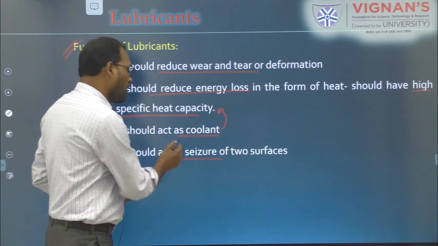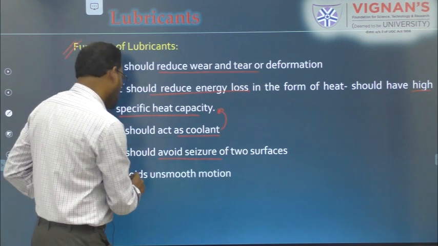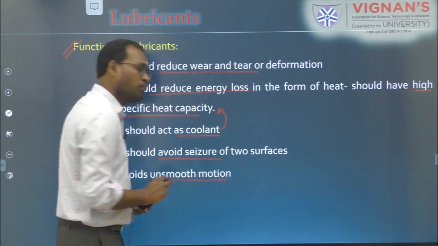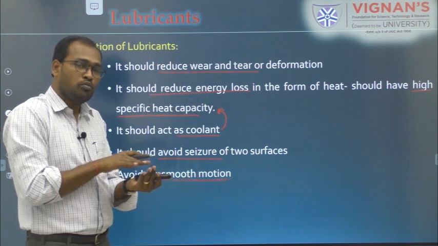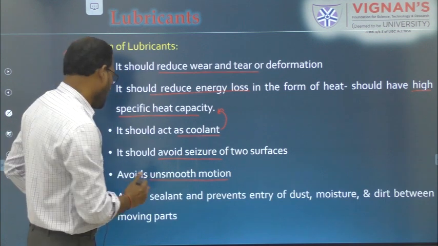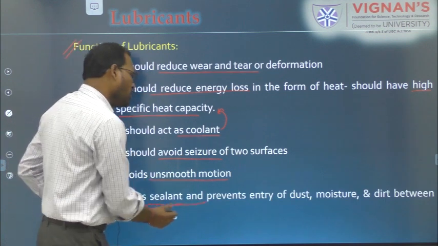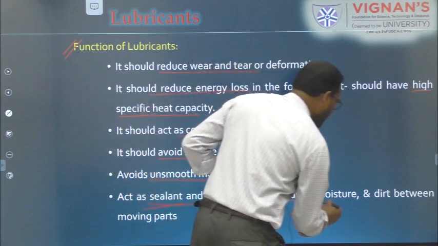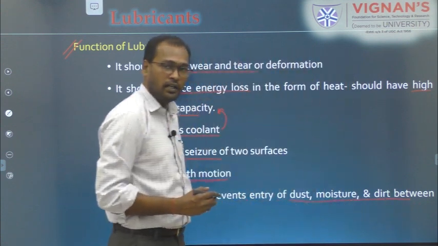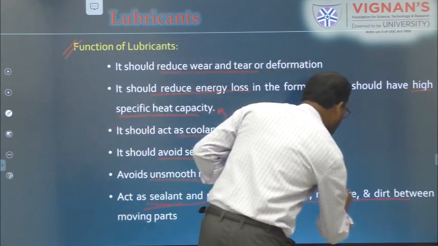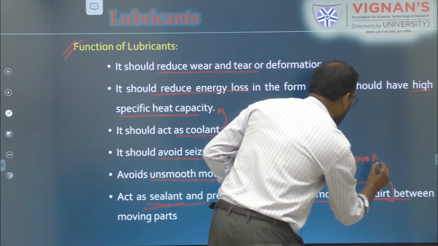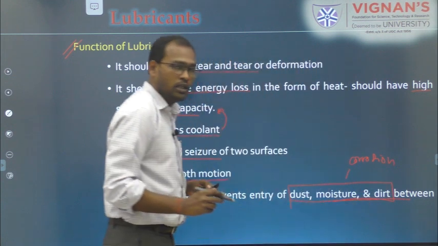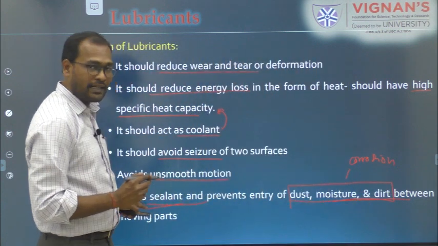Okay, so it should avoid seizure, and it should avoid unsmooth motion. That means the surface has to be lubricated, it has to move very smoothly, and it should act as a sealant. It should prevent entry of dust, moisture and dirt, and these lead to corrosion. So it should act as a sealant.